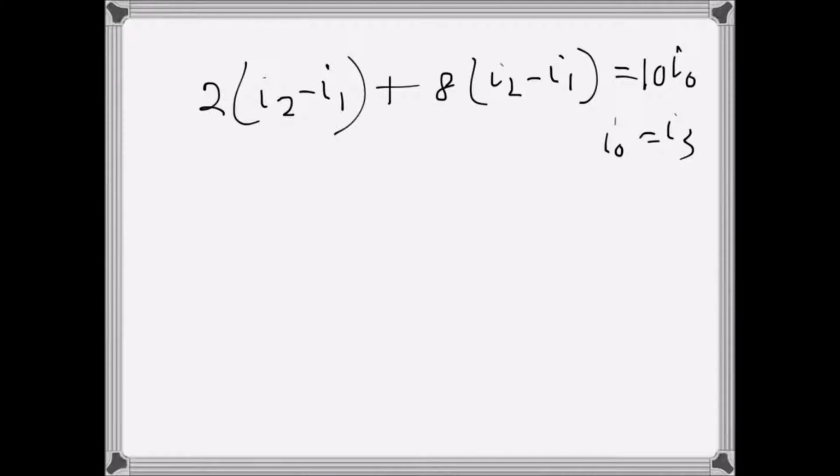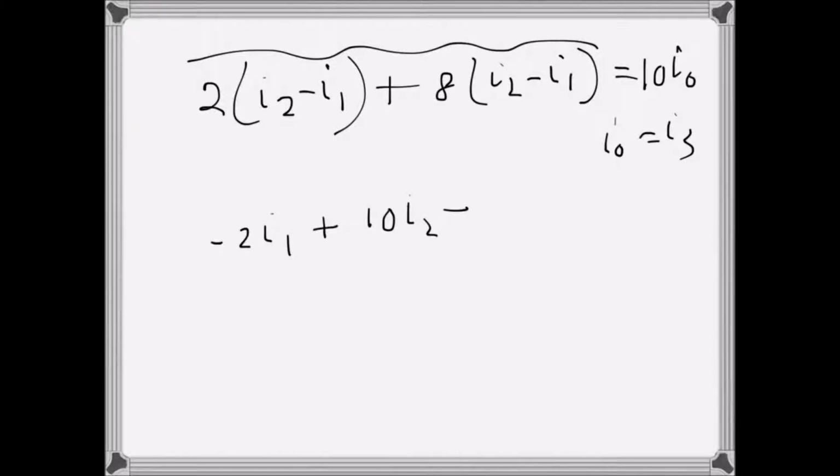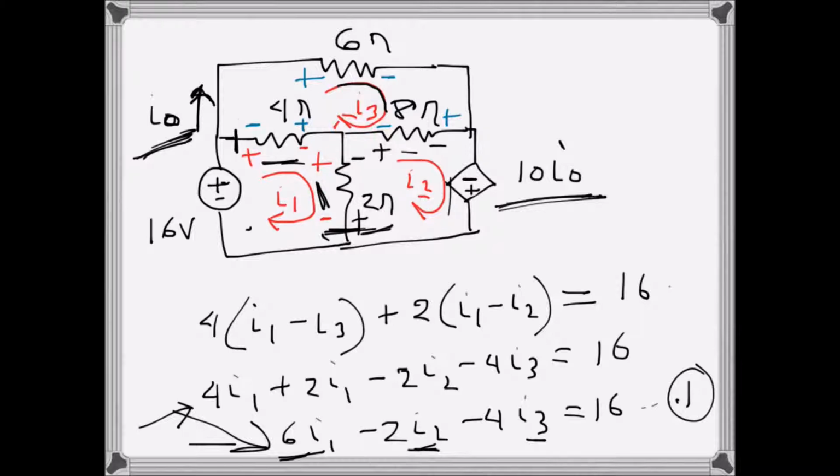Now from here we can write minus 2I1. Then all the I2s are added, so 8 plus 2, that is 10I2. And then minus 8I3, and this is 10I3 now. So here again 10I2, because we are writing the equation for I2, and the sum of the resistances this loop has is 8 and 2, so that's 10.